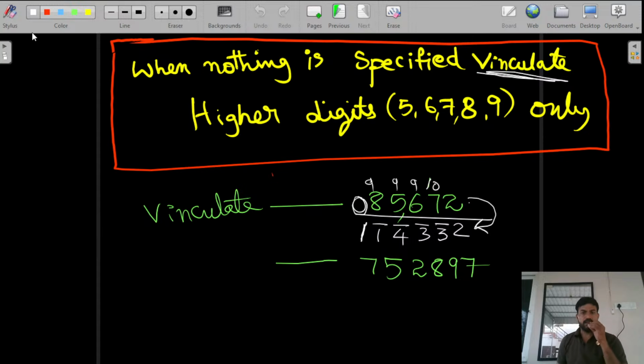So remember, when nothing is specified, we have to vinculate higher digits only, like this. And what about this second example? This is example 1, this is example 2.